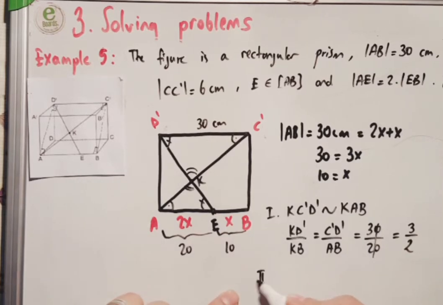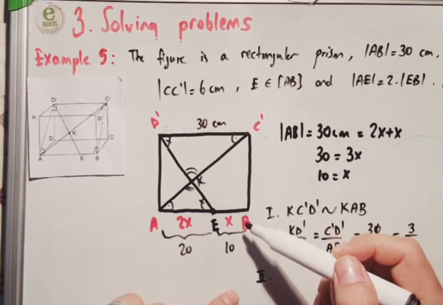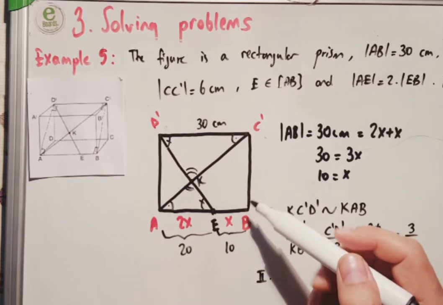And for the second, the length of BC1, what is that?